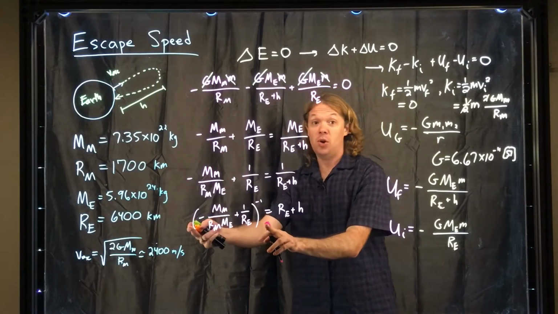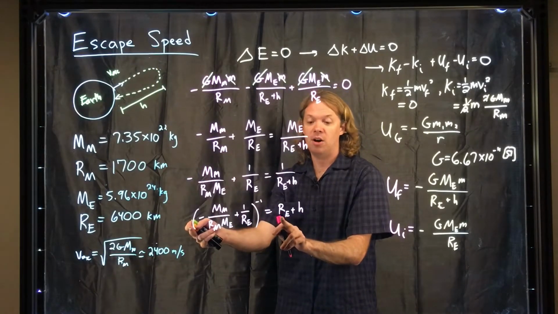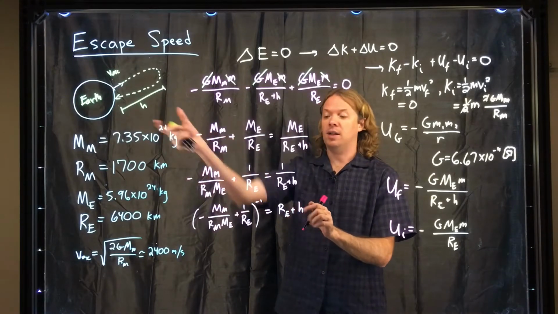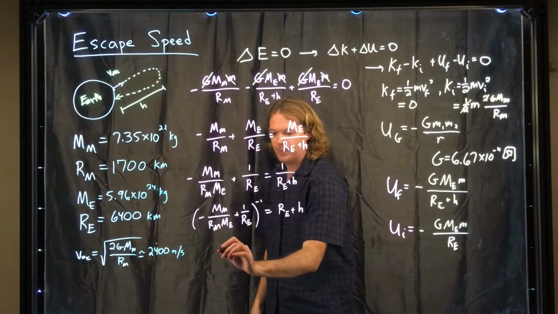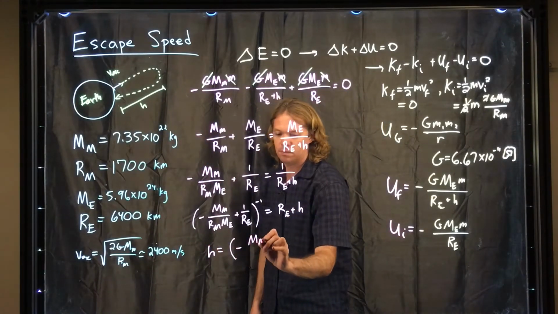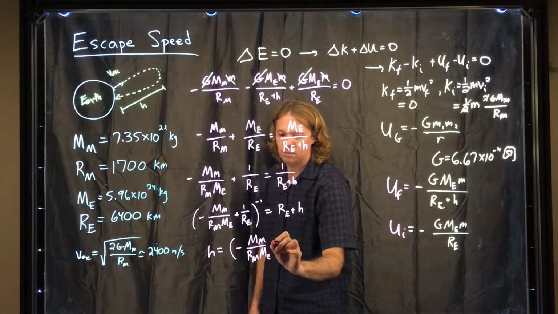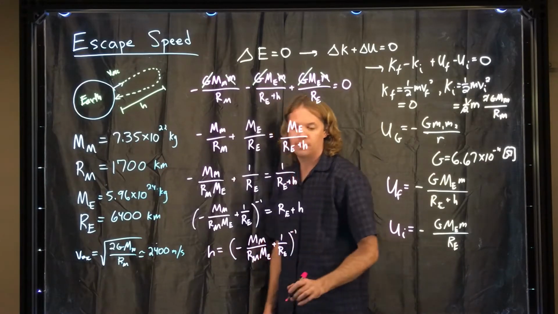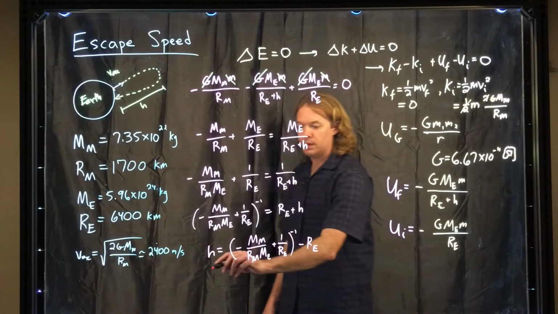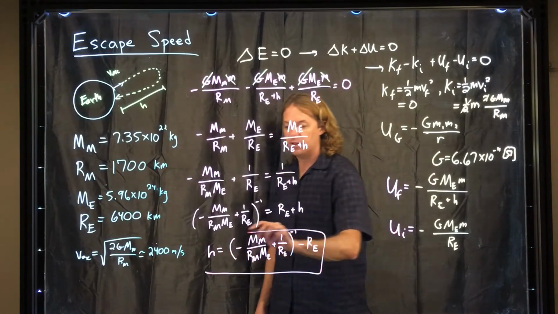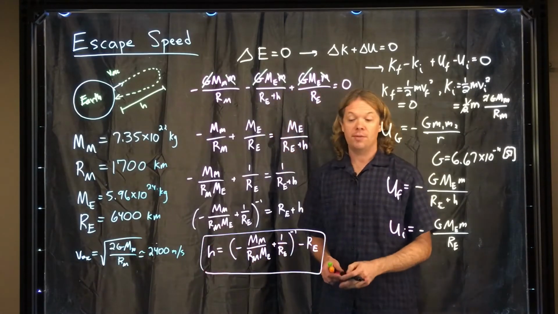So this is going to be the total distance. I just want to subtract R_E from that because I only want the height above the Earth. And there is my final answer for the height the object goes above the Earth.